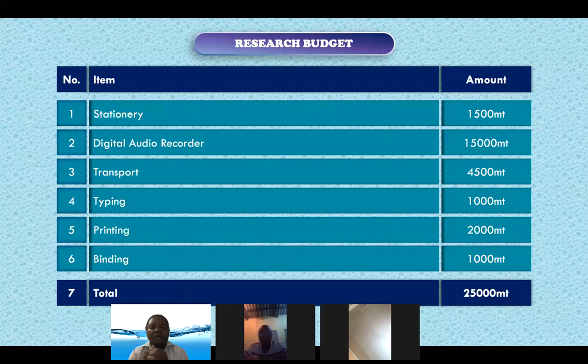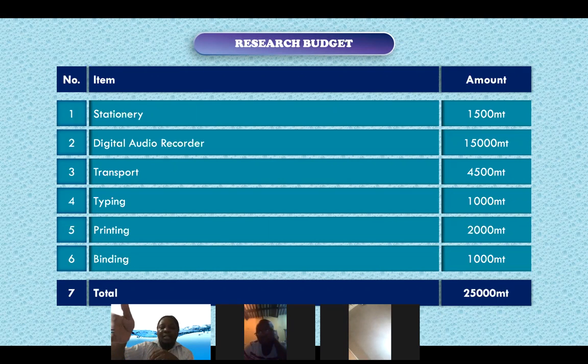For example, you need to buy stationery, pen, paper. If you have your own printer, maybe you need to buy ink, those printer cartridges or toner. You need to buy a digital audio recorder to record your interviews. You go and interview somebody, you need to buy an audio recorder.